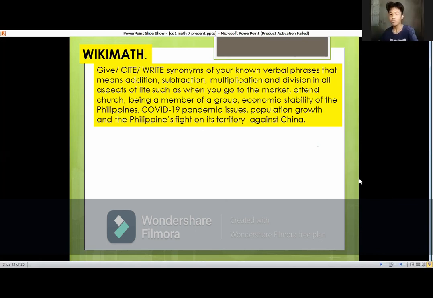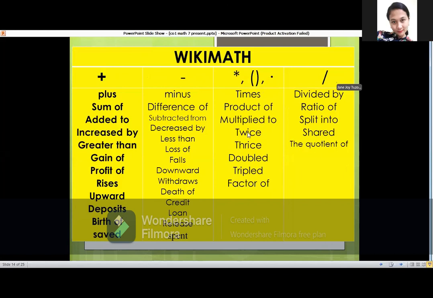I'm going to show you other words. So we have so many words that correspond to addition, subtraction, multiplication, and division. So you have to remember all those words.